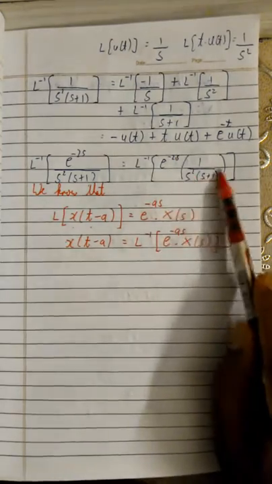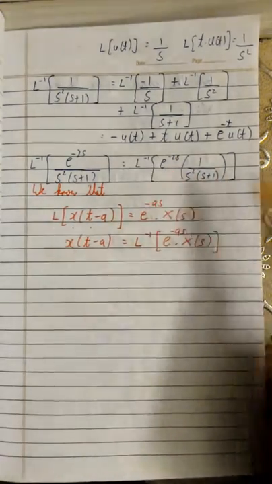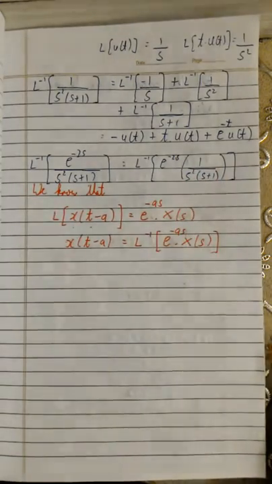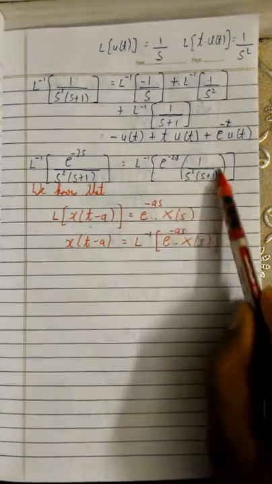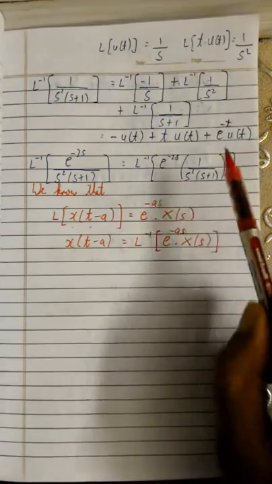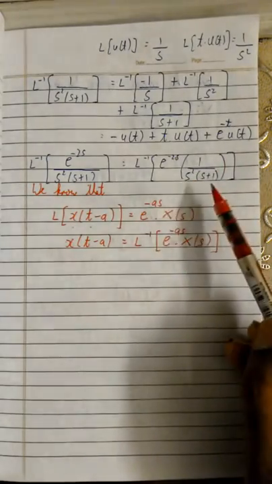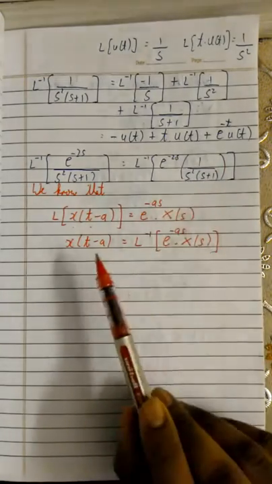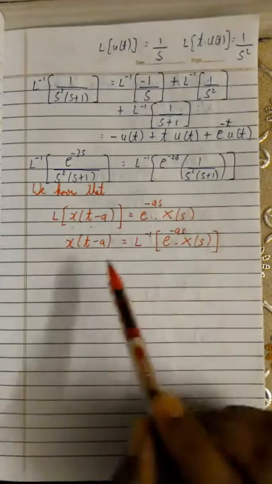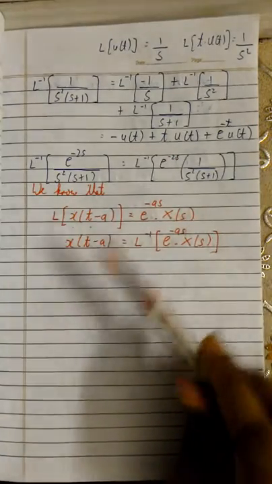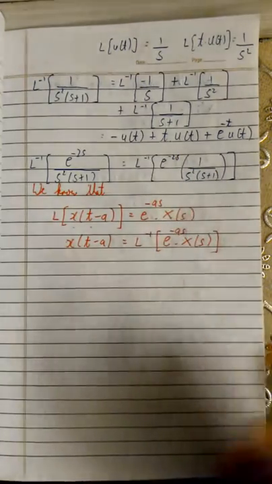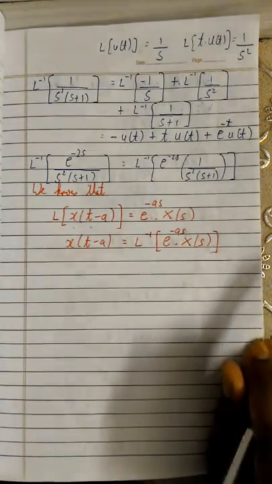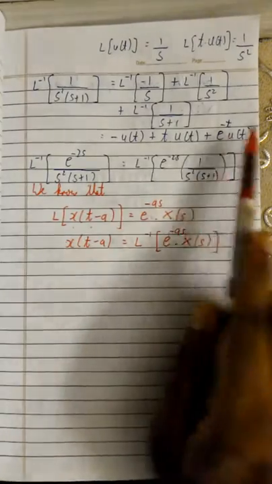So what I need to do is simply find the Laplace inverse of x of s and then replace every t with t minus a. Here the value of a is 2, so replace every t with t minus 2. Fortunately, we have already found the Laplace inverse of this.